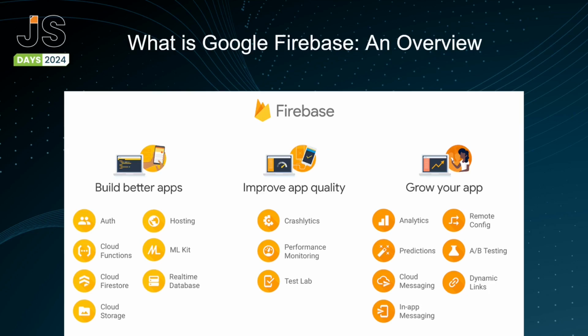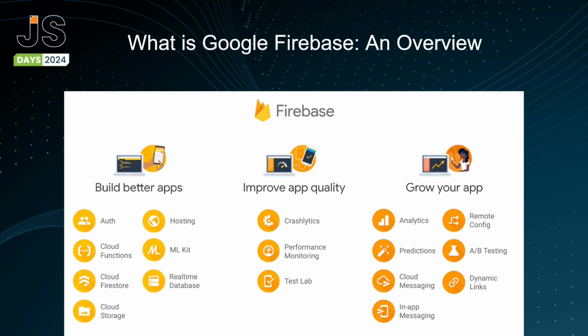For example, you have the Realtime Database, which allows you to store and sync data in real time, enabling the creation of reactive and collaborative applications. You can use Firestore, which is something like a Firebase NoSQL database, providing horizontal scalability to meet the demands of growing applications.